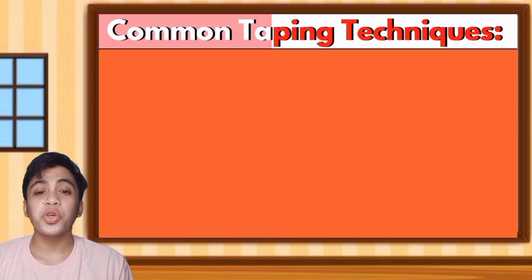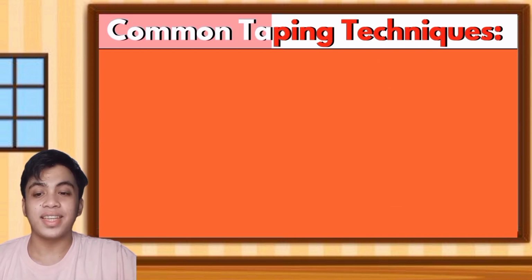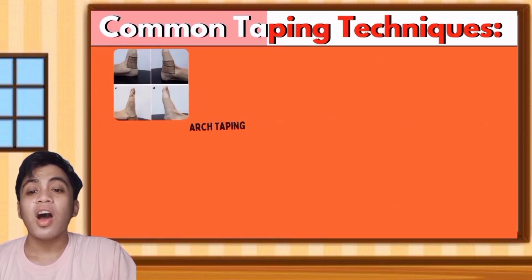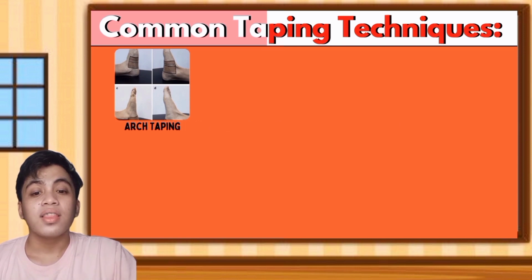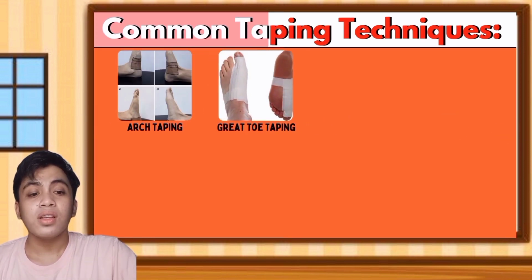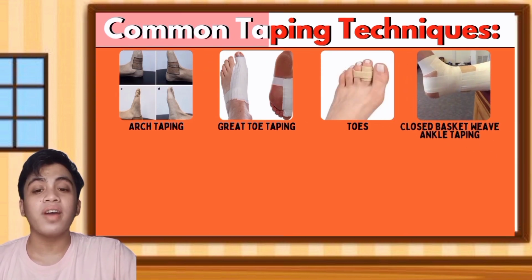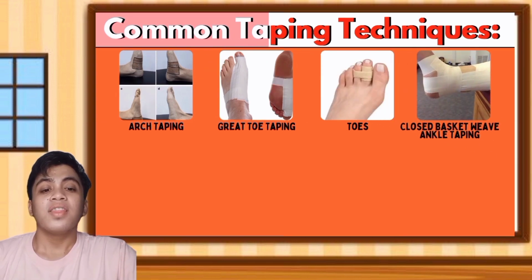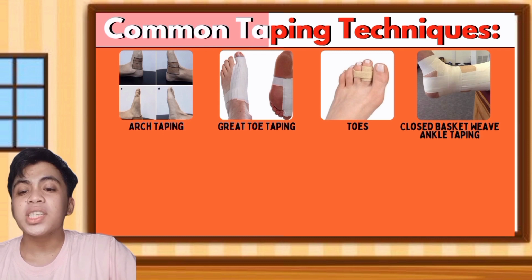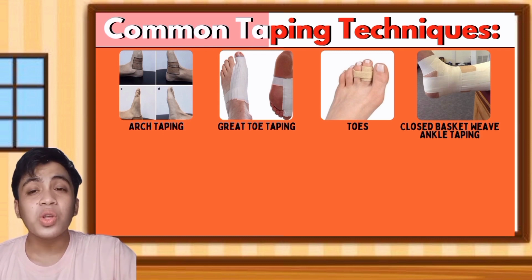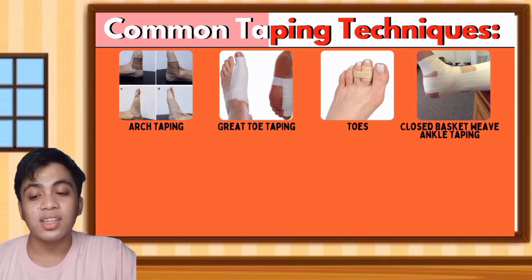Now, let me show you the common taping techniques. Let us start with arc taping, then great toe taping, toes, then closed basket with ankle taping that can be used for newly sprained ankles and also to support weak ankles.